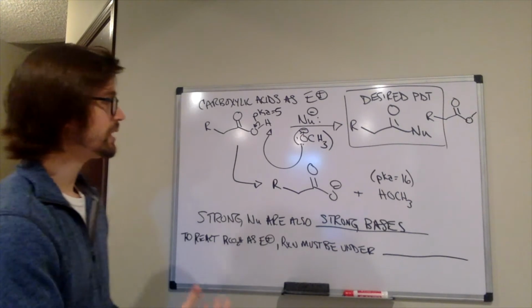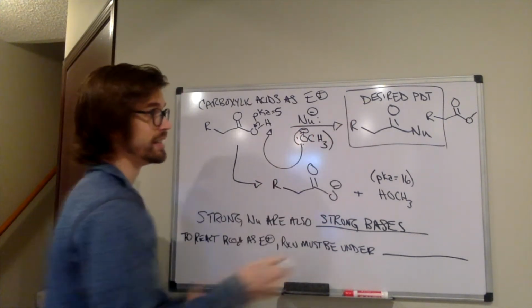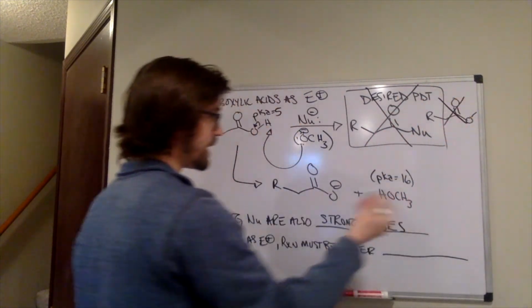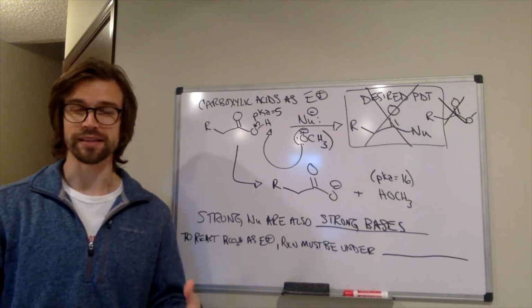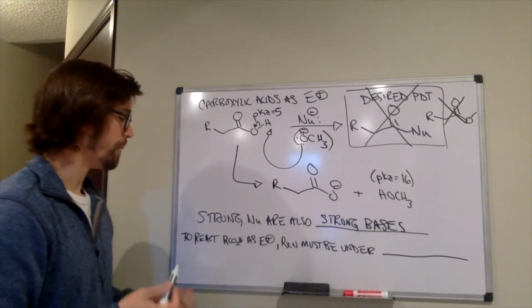So this might be our desired product, but using basic conditions to get there will not produce any of that desired product. Instead, we're just going to get an acid-base transfer. So that's a little bit of a challenge with these carboxylic acids. How are we going to do it then?